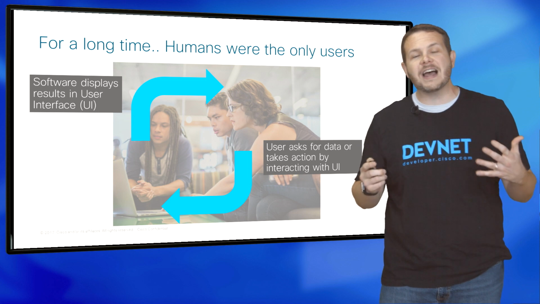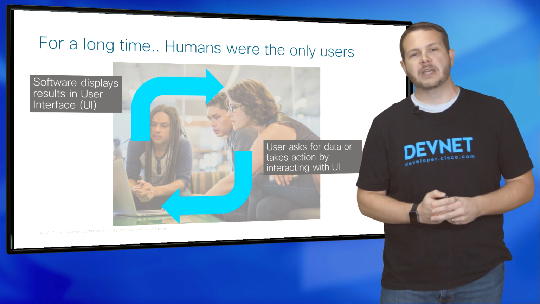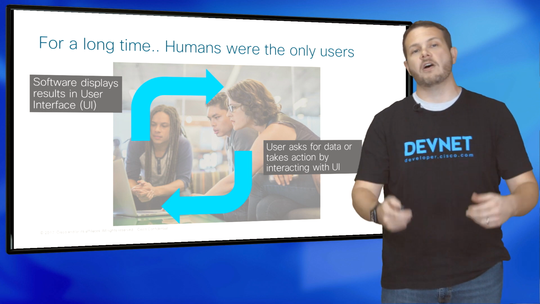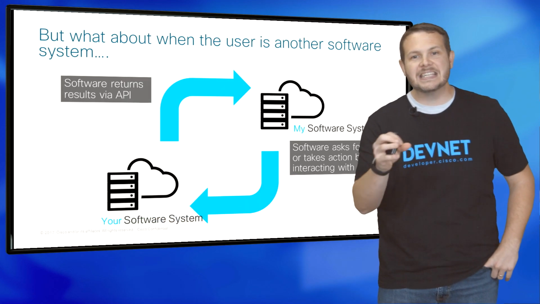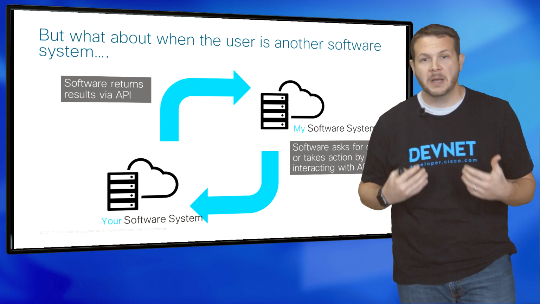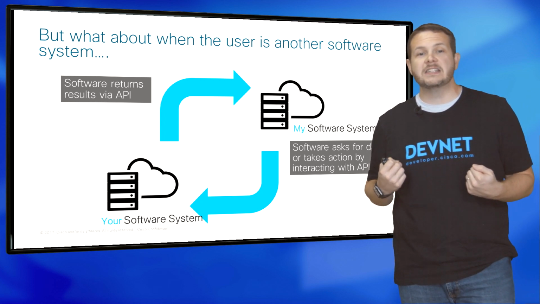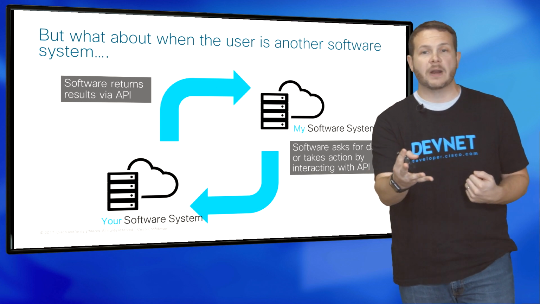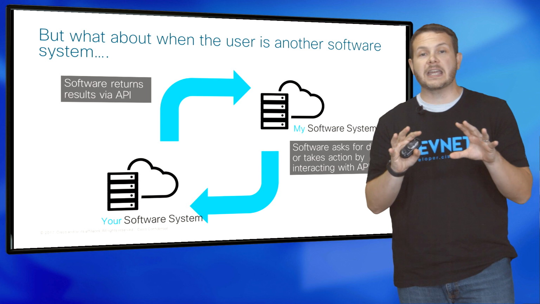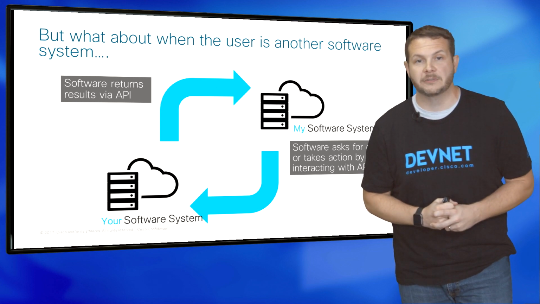But today, humans are not the only users of systems and applications. Sometimes software is consuming other software. And in that case, this is where APIs come in. Now, if I build a software system, and it is interested in using your software, I will ask for that data or take action using its API, its Application Programming Interface.